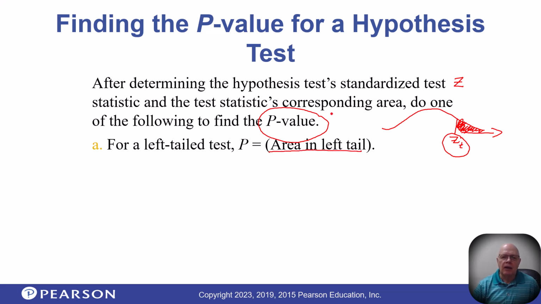Remember, just as a hint or a reminder, normal CDF is what you'll use because you want to find the probability. And for normal CDF, if it's the left tail, it will be negative infinity to whatever your test value is. And since we're working with z values, it has a mean of 0 and a standard deviation of 1. That's how you get your p-value for a left-tailed test.